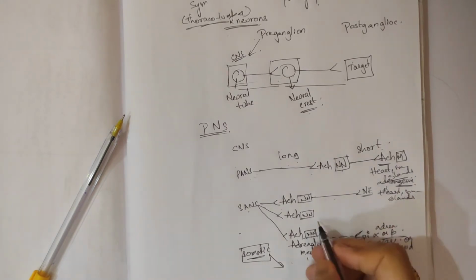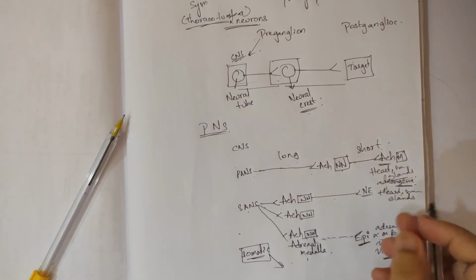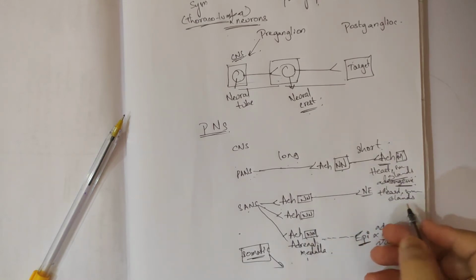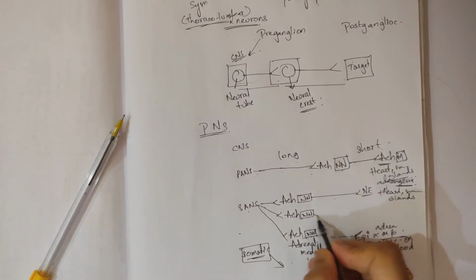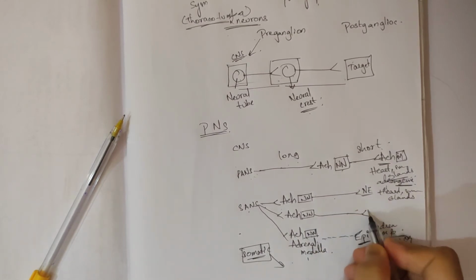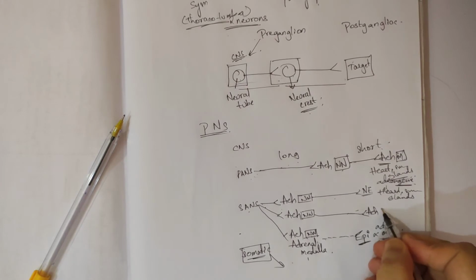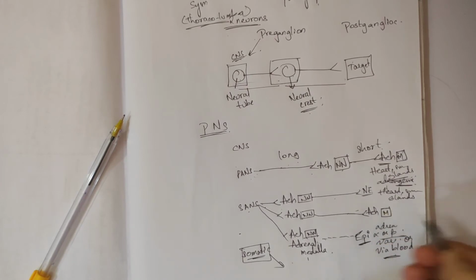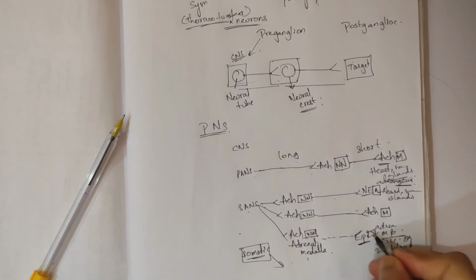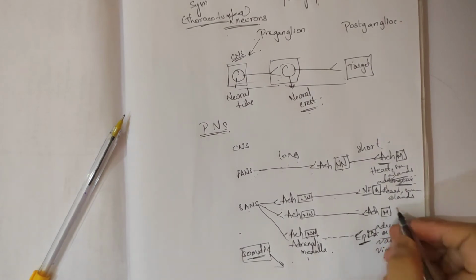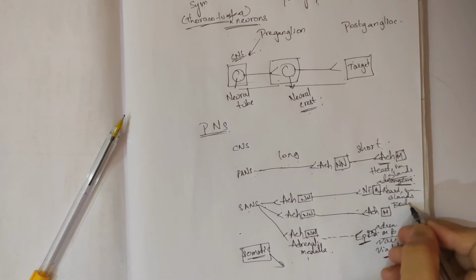Yeah. And the main important thing of this sympathetic nervous system is it innervates the body wall via muscarinic receptors by acetylcholine transmitter. That is acetylcholine here, muscarinic, this is muscarinic, that is body wall.